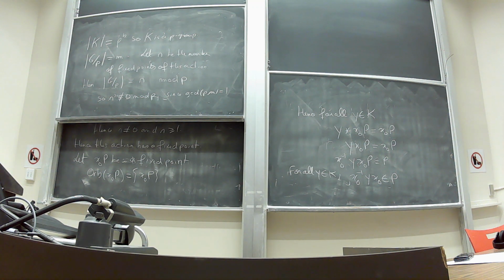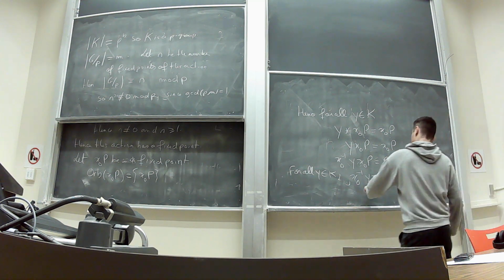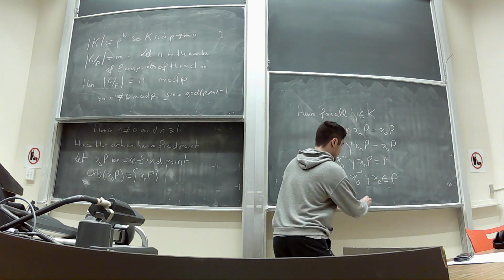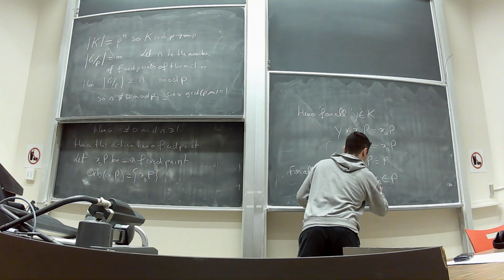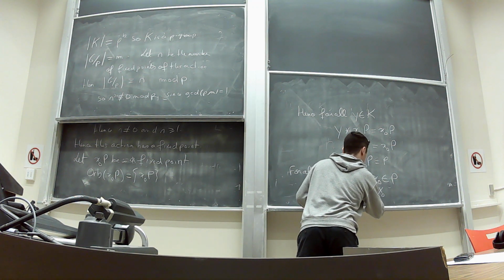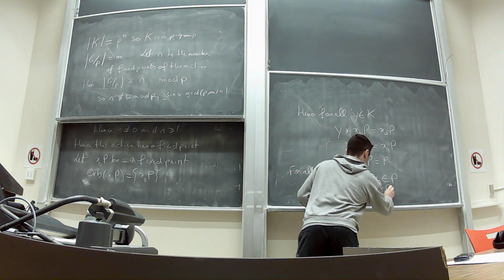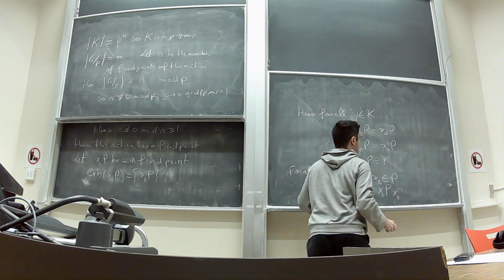So x0 inverse y x0 belongs to P. Yes, sir? But then we did it for P, but we could do it for K, and then we show that. Yeah, very good. Exactly. So y belongs to x0 P x0 inverse.